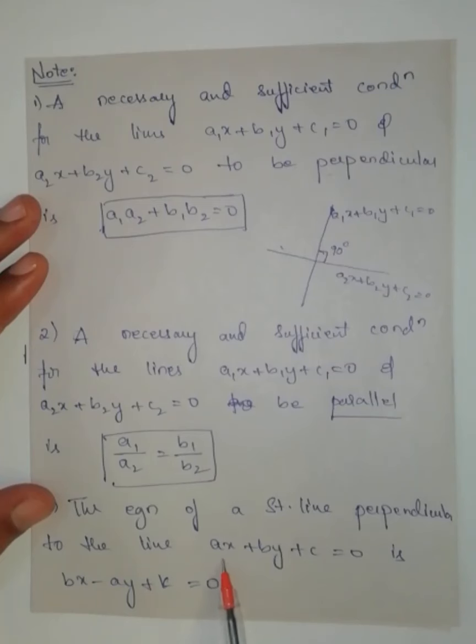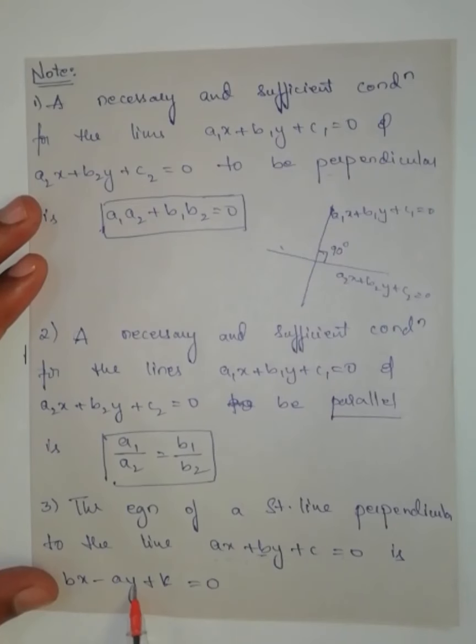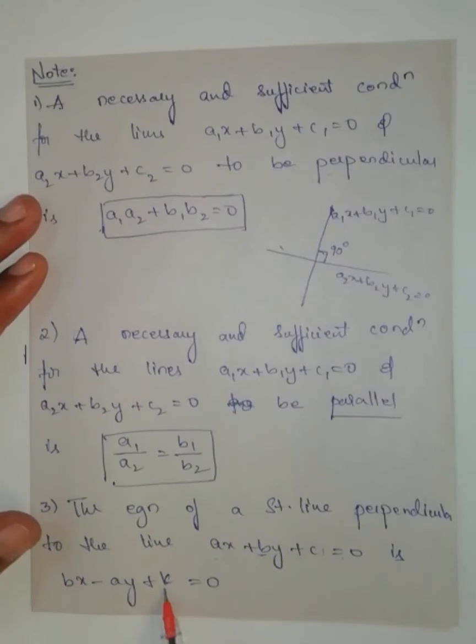Suppose this is a line, any line which is perpendicular to this line is in this format. Whatever the coefficient of y is, it will become the coefficient of x. Bx minus ay plus, instead of c, another constant k.